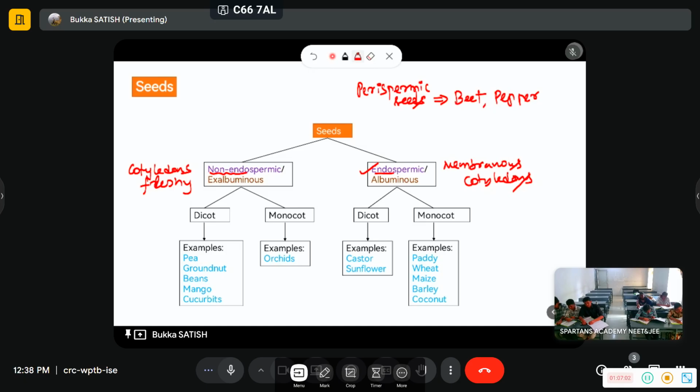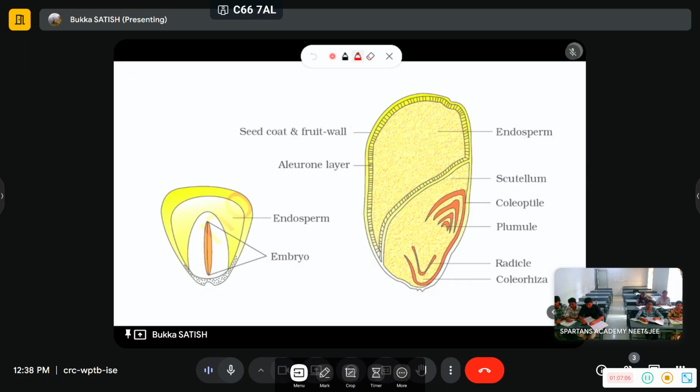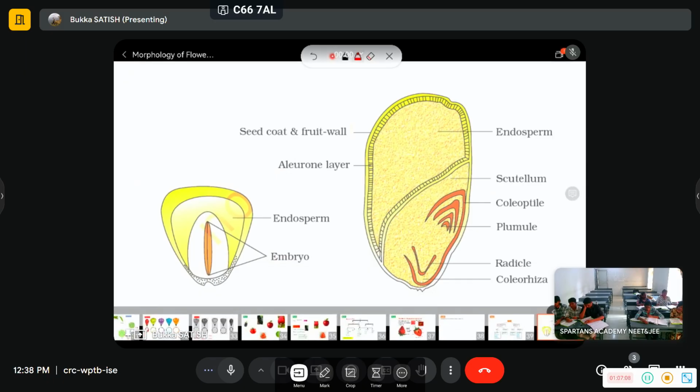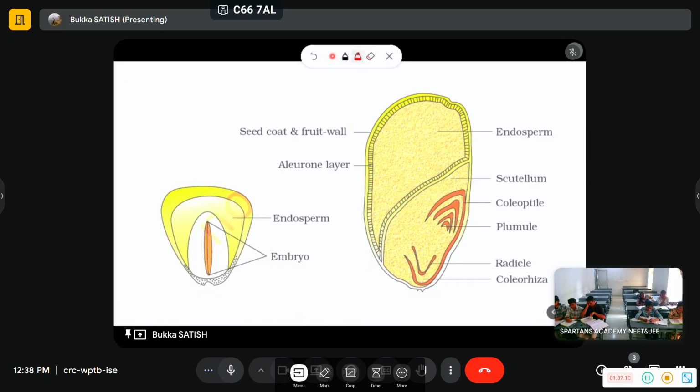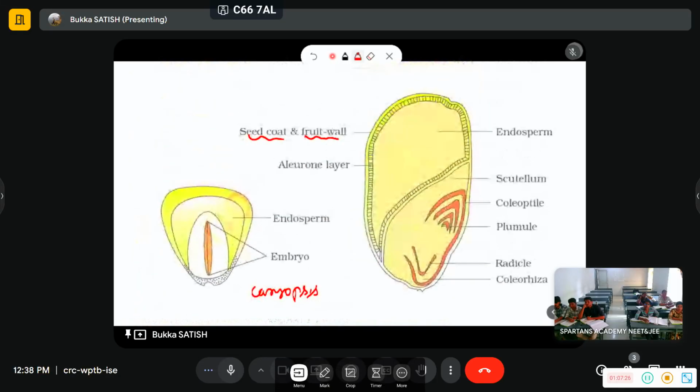Right. Apart from this, about the structure, the only figure you have to see is this. This is actually the seed as well as the fruit. This is a caryopsis fruit. You can see the fruit wall and seed coat are both fused. You can't differentiate them. And this is the endosperm. The endosperm which you see, all this is the endosperm.